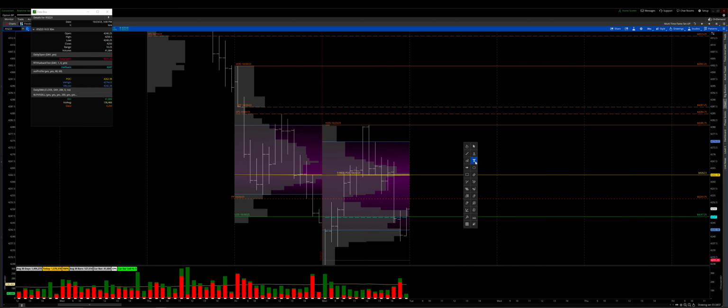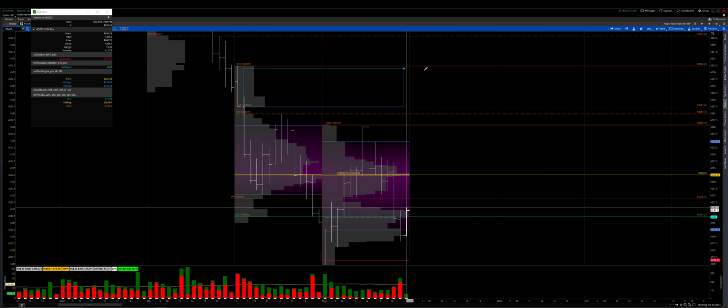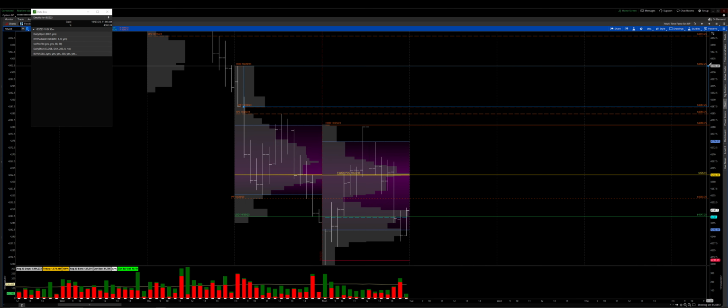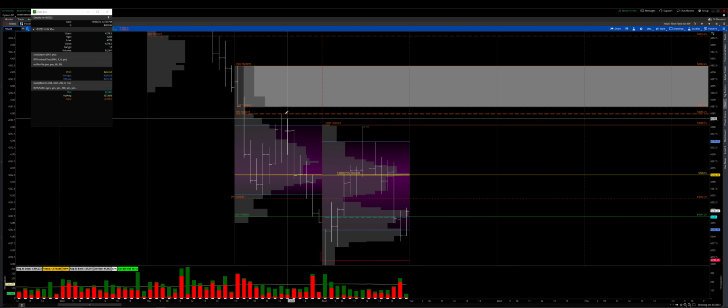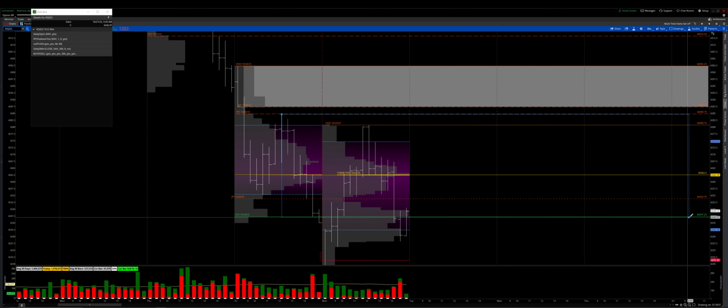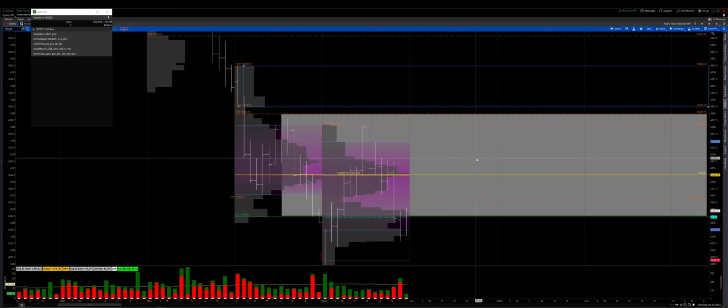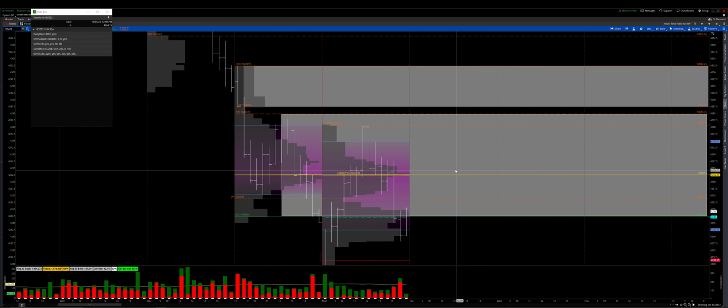Remember the two distributions from Friday. What I'm highlighting is the upper distribution, that 43.02 to 42.87 range. And then the lower distribution was 42.84 down to the day's low of 42.4725. So you had the upper and then you had the lower distribution here.